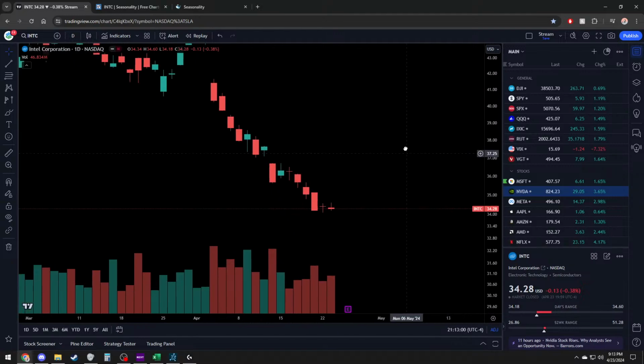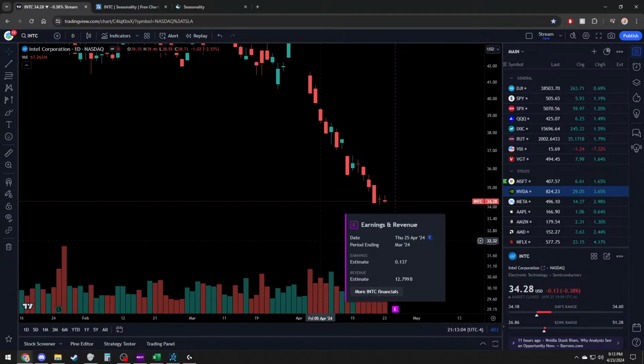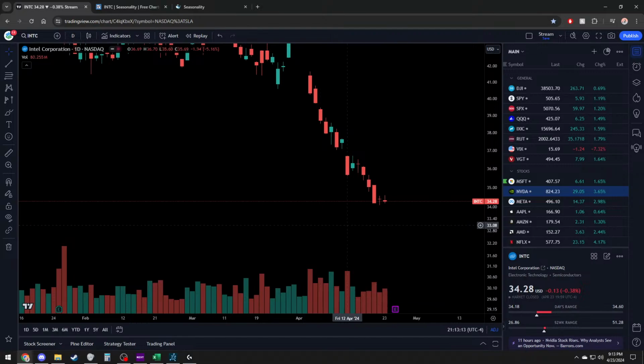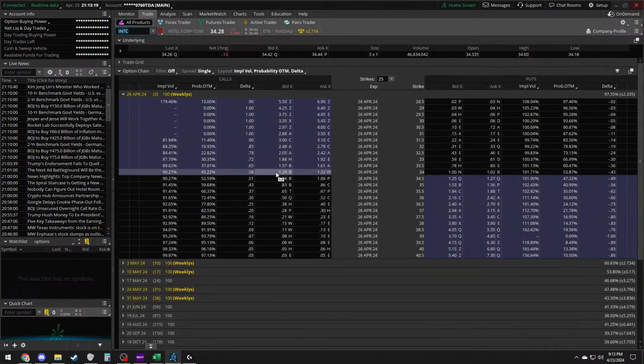We could look at the implied volatility too. Oh no, I'm sorry, Thursday, right? Yeah, Thursday. So same day. Intel and Microsoft are going to be reporting at the same time, most likely. Let's look at implied volatility.